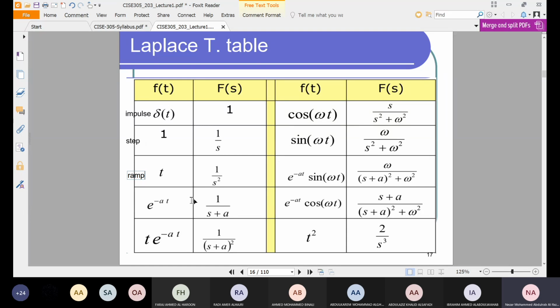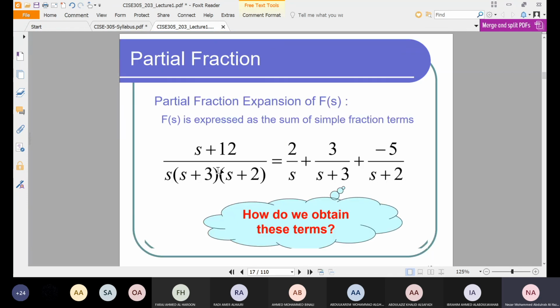No need to check the Laplace of these things during the exam. You should memorize these things. Very easy. And it's not only this Laplace table, I will give you more than this table during the exam. And this is the partial fraction that we use to obtain the inverse Laplace. Partial fraction expansion.